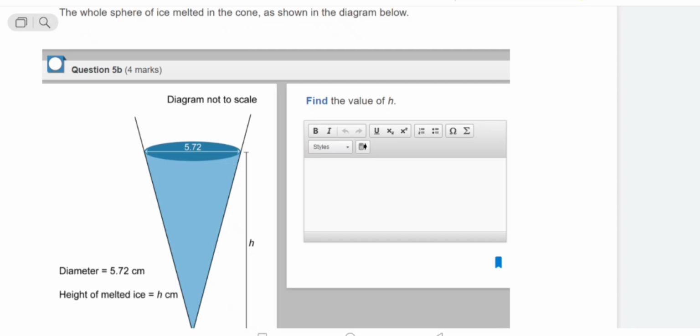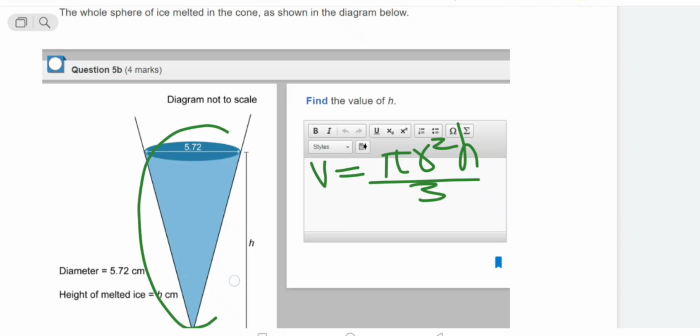We can find the height because this is the volume, so I need to use the formula of volume. Volume of a cone equals pi r square h over 3. But as I told you, the volume of the cone and the volume of the sphere is the same.